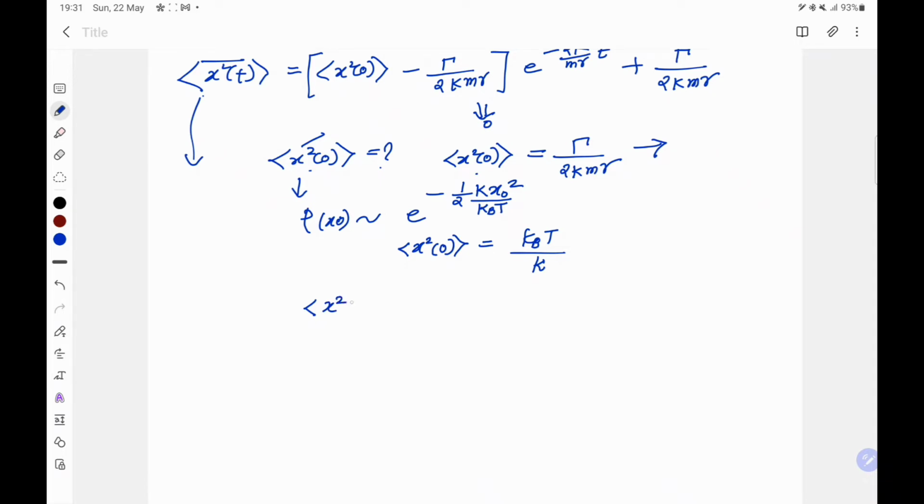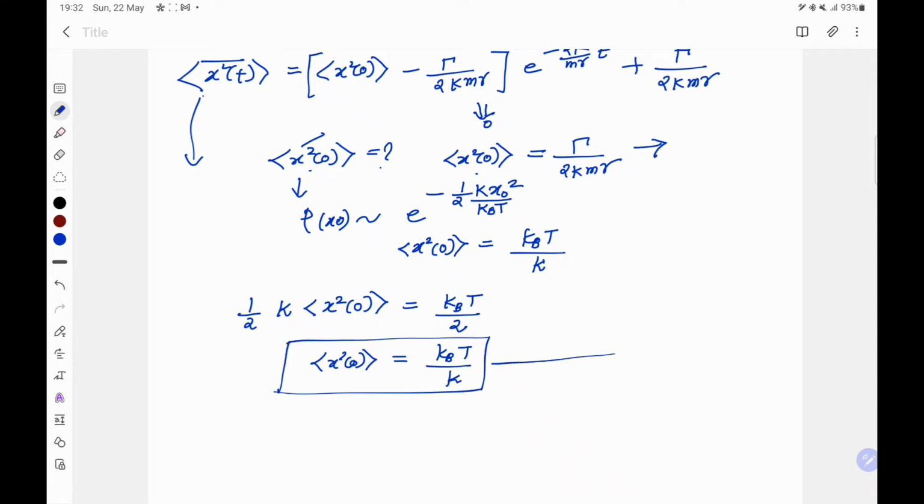So x0, so 1 by 2 k x0 square, this has the units of energy, will be kbT by 2. So this x0 square is actually kbT over k.